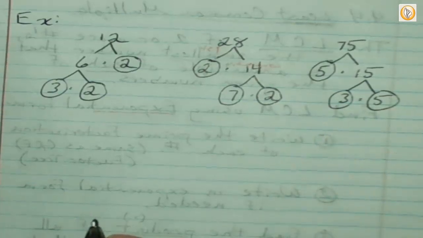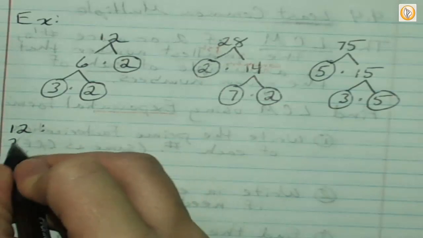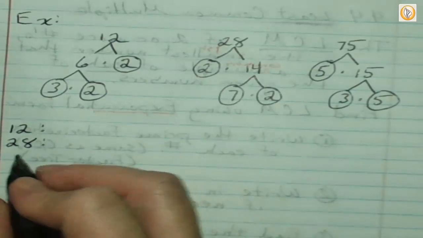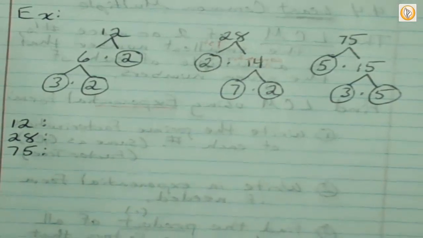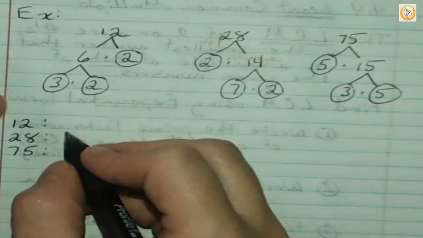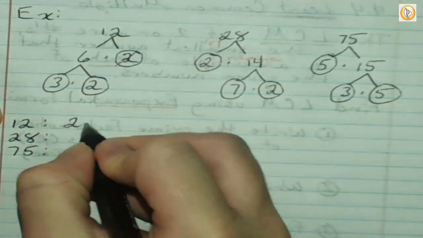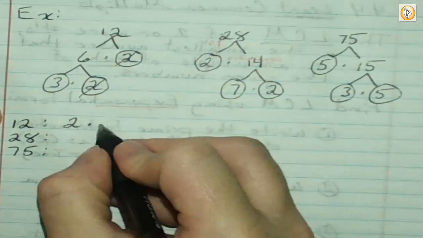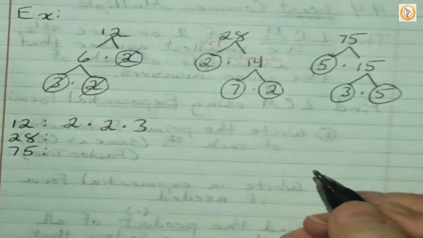Okay, so down here, I'm going to start writing out my prime factors of each one. Do not skip any steps when taking these notes. You need to do these the same way. All right, so for 12, I have 2, cross out, times 2, cross out, times 3, cross out.